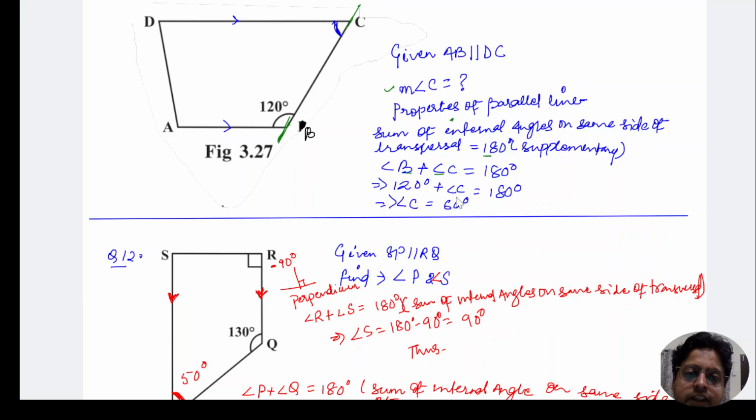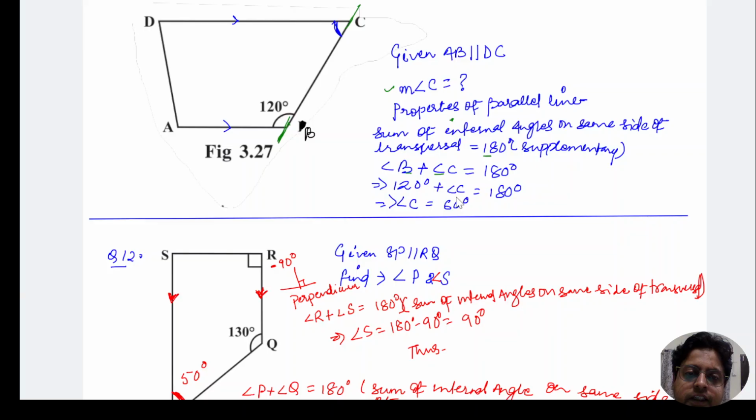We just found out. Similar concept we used in next question, that is question number 12. The two lines, that is SP and RQ, were shown parallel, and this angle was given, that is 130 degree, and we will use the same property, that is angle P plus angle Q, the sum of internal angles on same side of transversal, is 180 degree.